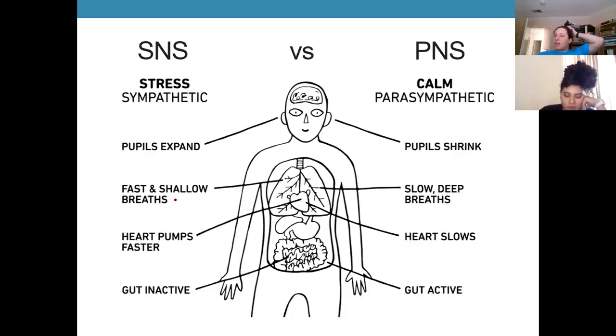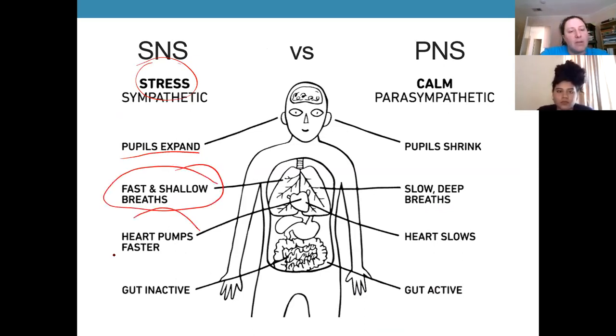So this is another kind of compare and contrast. As our division of action, our sympathetic system tends to get activated by stress. And so some of the things that it'll do, for example, it'll cause your pupils to dilate, increase your respiratory rate, increase your heart rate, and it'll slow down your gut.